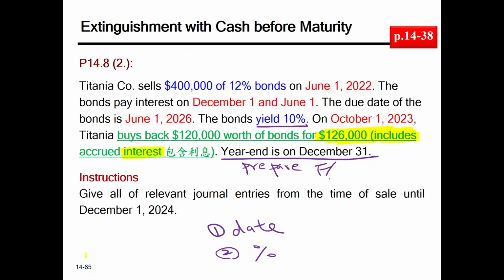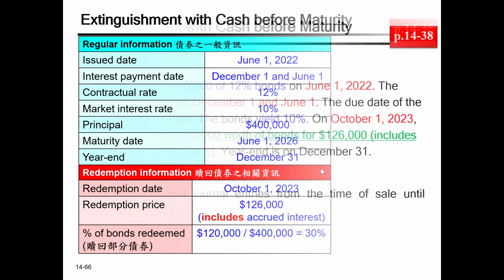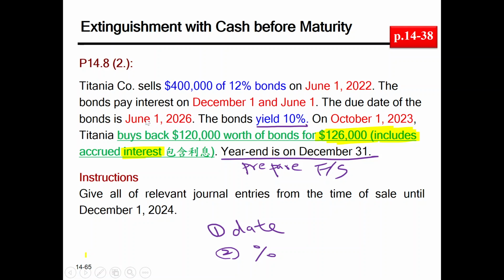Okay, just look at the first hint, date. Could you tell me, any additional issue we've mentioned already on this case? We mentioned two additional issues, right?